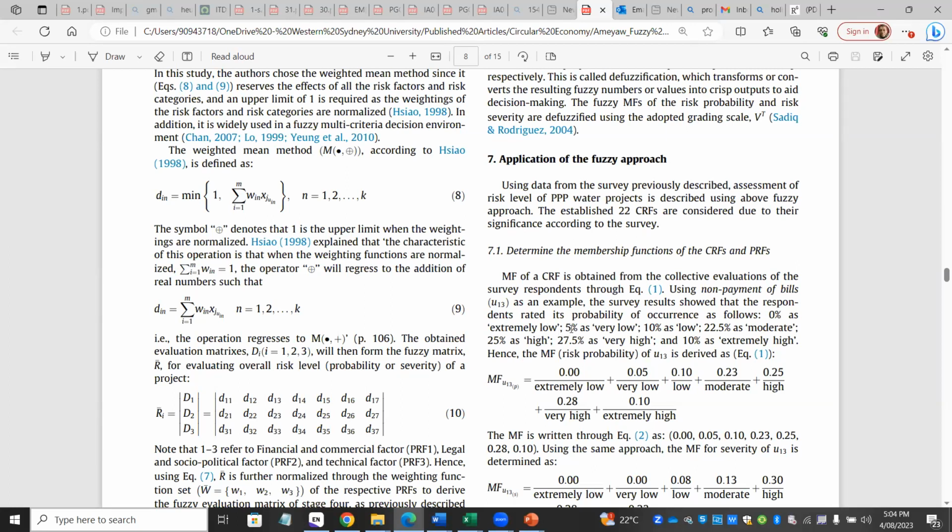Then 5% of the respondents ticked very low. 10% of the participants, the people who responded to the survey, ticked low. 22.5% as moderate, 25%, and then 27.5% as very high. And then the last one is 10% as extremely high.